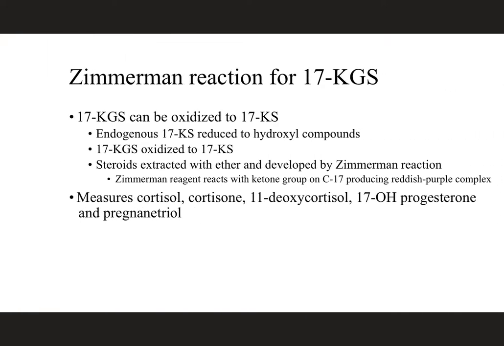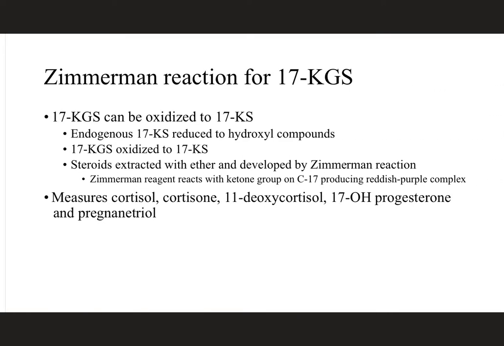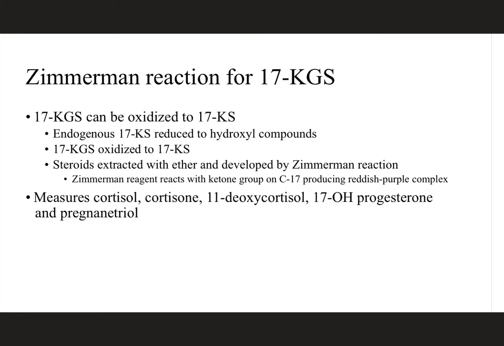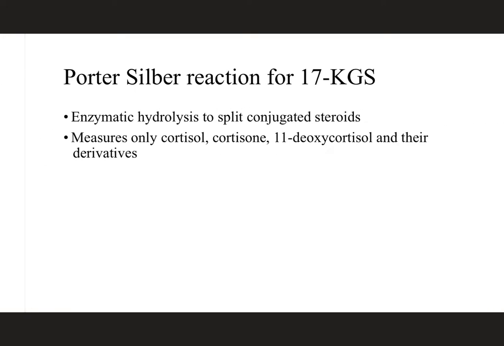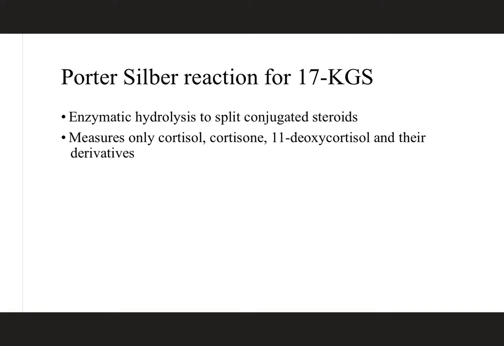And here we go. There's a couple of different reactions that we can look at from the chemistry side of things. The two we'll talk about, but not in super detail, are the Zimmerman reaction for 17-KGS, and one called Porter-Silber. Two different types of reactions, and they can help us with measuring different precursors. The Porter-Silber reaction is just another type of reaction.